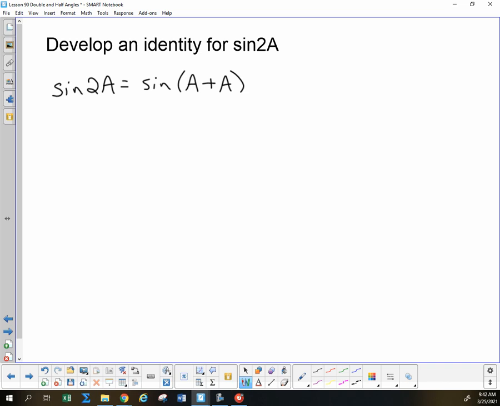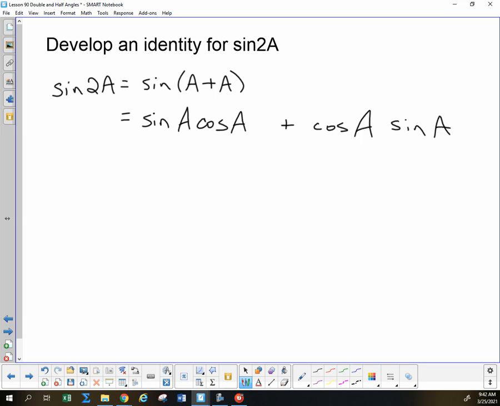And now I'm going to use the formula for sine if I am adding two things together. That formula said we always take the sine, cosine, we keep the plus or minus symbol, and then we do cosine, sine. The angles always stay in the same order.